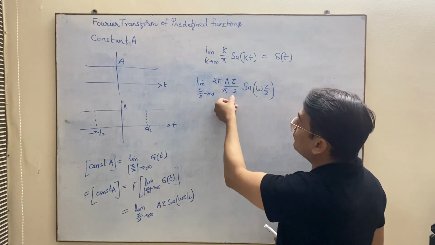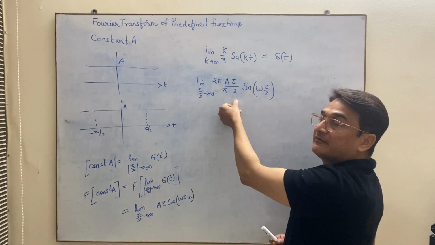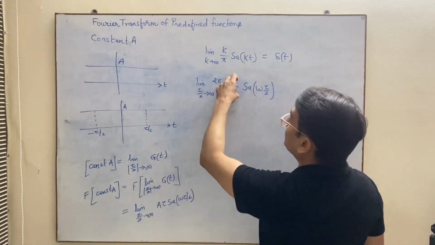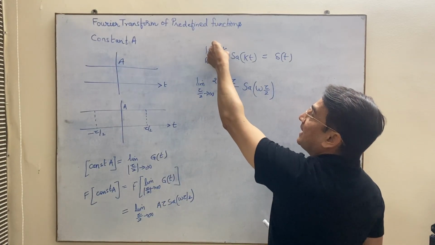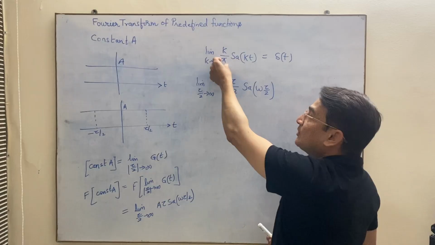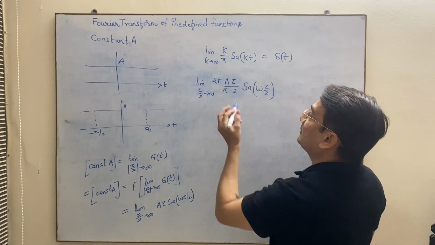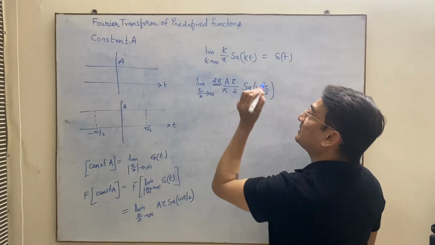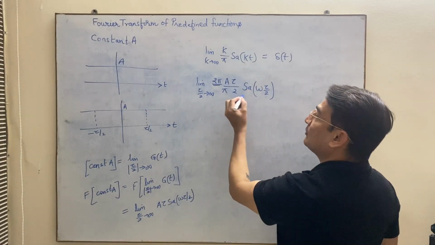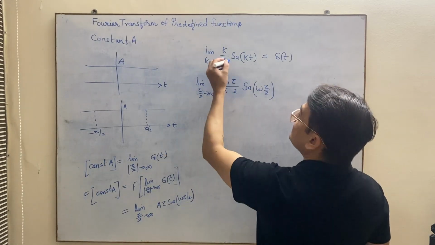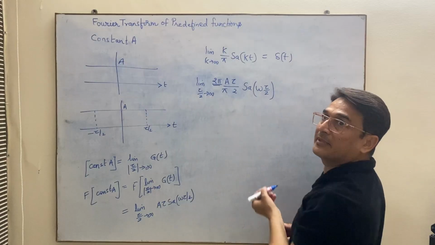What we will do is multiply and divide with 2. So this tau by 2 is nothing but k. You need pi at the denominator, so I have multiplied and divided with pi. So actually I have multiplied with 2 pi here and 2 pi here. So this will now be comparable.